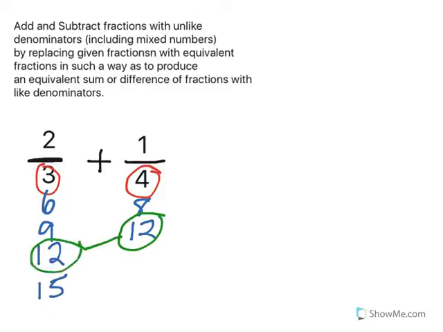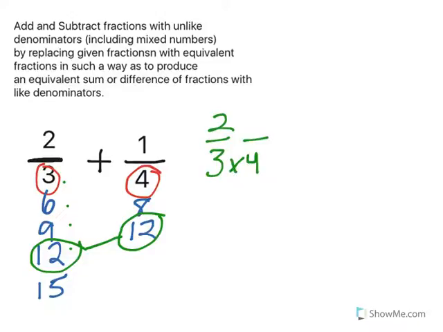So what we want to do is get these fractions up here to have 12 as their new denominator. So we need to multiply. In order to get 12 for the first fraction, we had to do 1, 2, 3, 4 multiples to get to 12. So we want to do 2 over 3, and we want to multiply the bottom by 4.